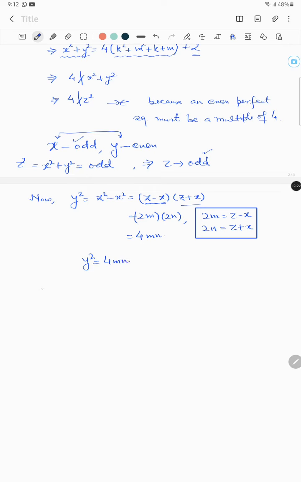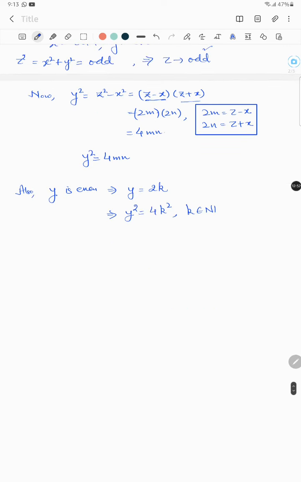Again, we have already proved that y is even. So y will be of the form 2 times k. So this implies that y square will be 4 times k square, where k is a natural number.